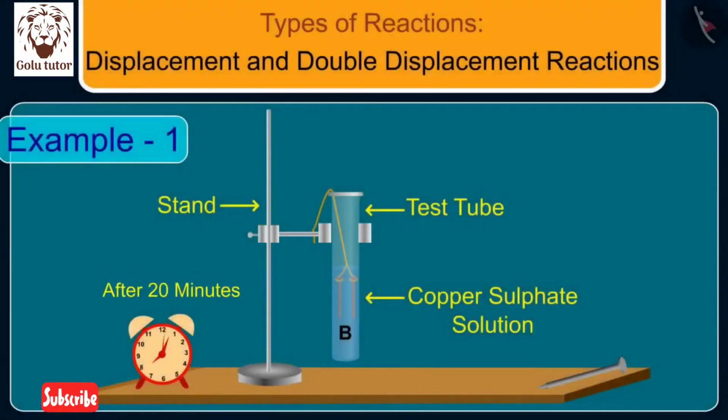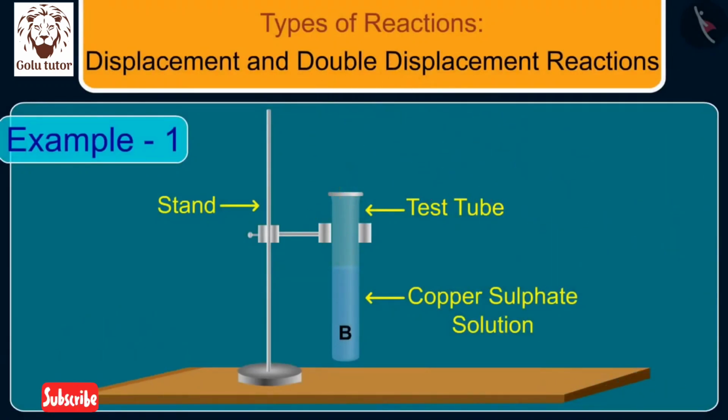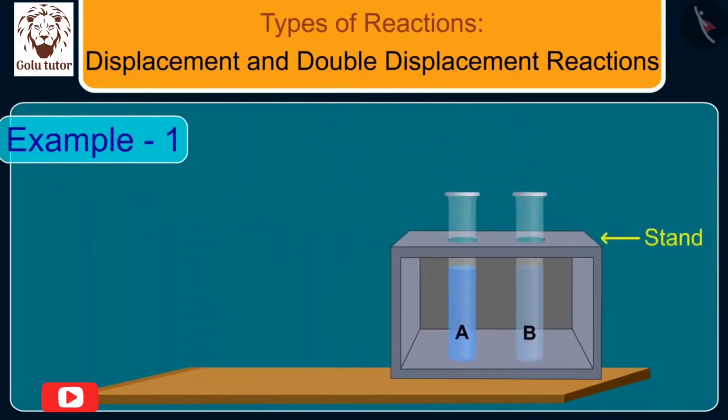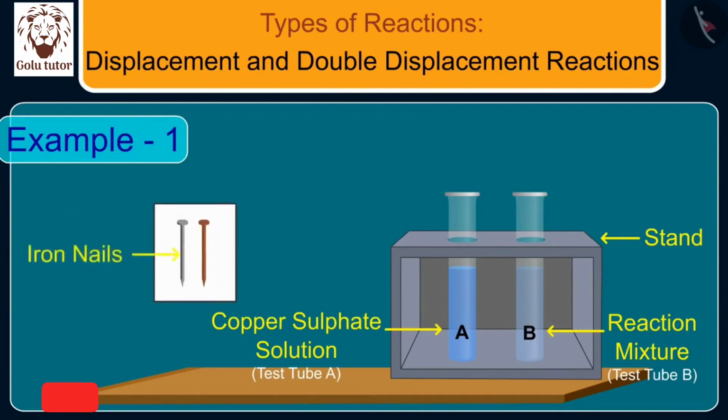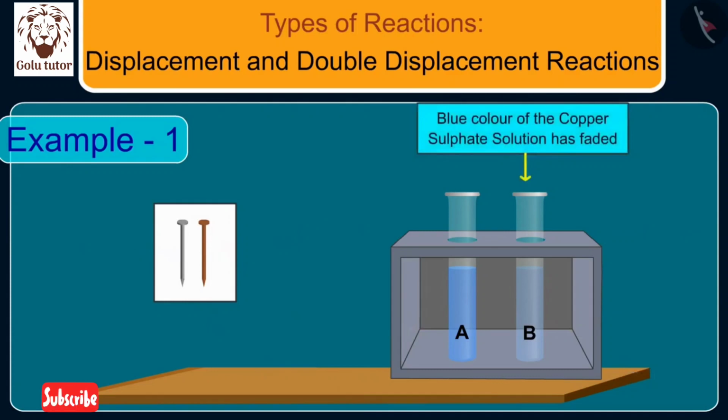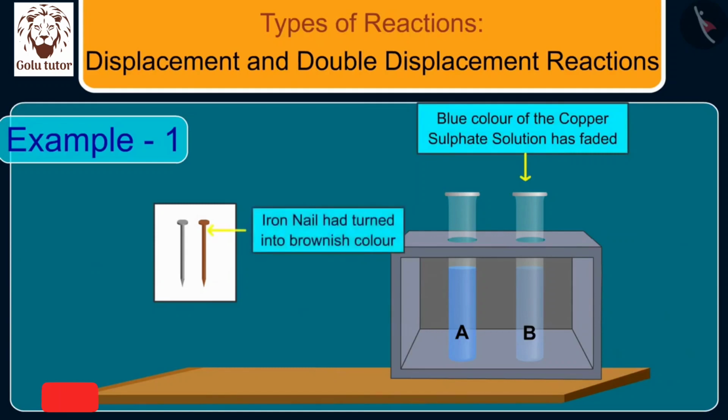After 20 minutes, take out the iron nails from the copper sulfate solution. Now, we will compare the intensity of the blue color of copper sulfate solutions in test tubes A and B and the color of iron nails dipped in the copper sulfate solution with the one kept aside. Now, we can observe that blue color of the copper sulfate solution has faded and the iron nail has turned into brownish color.